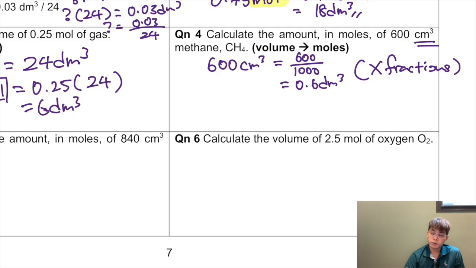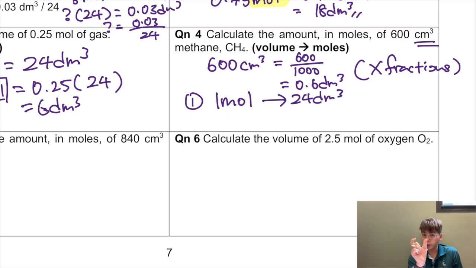Right, now I need to find the number of moles. Firstly, step 1, molar volume: 1 mole of any gas is 24 dm cube. So I can convert the word mole to 24 dm cube. I want to find the number of moles, so I first put question mark moles, because I don't know. What is the number of moles?